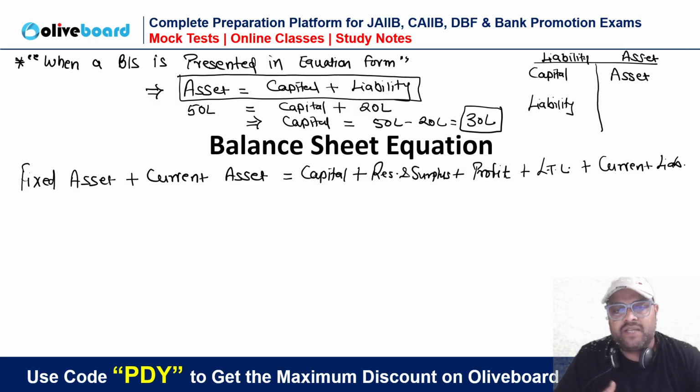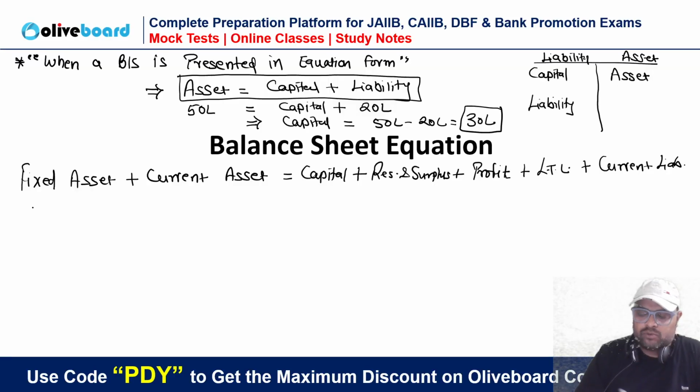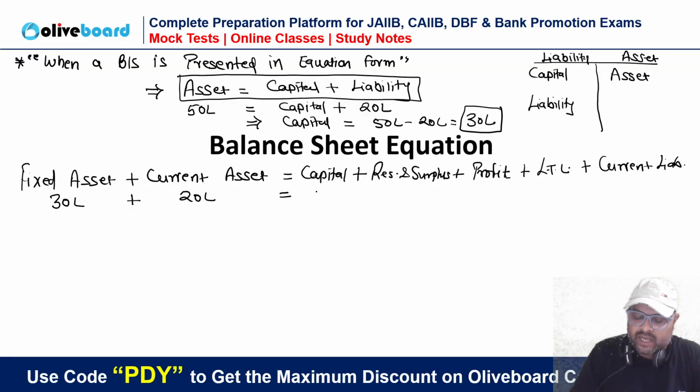Second, if they want to go a bit deeper into the topic, out of this equation, one value they will leave missing and the other values they will provide. Like fixed assets is 30 lakhs, current asset is 20 lakh, capital is 15 lakh, reserve and surplus is 12 lakhs.